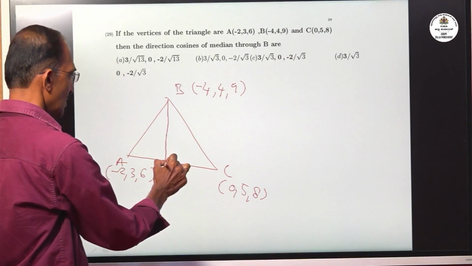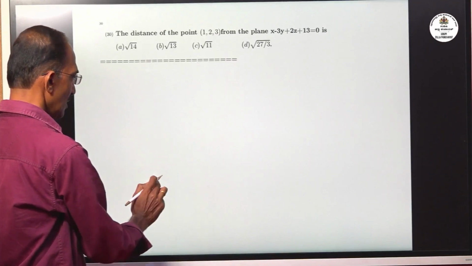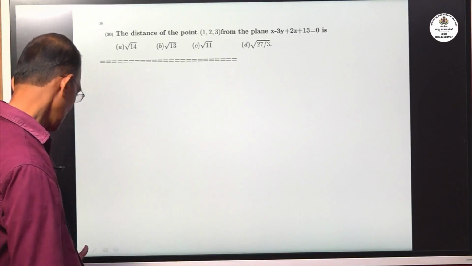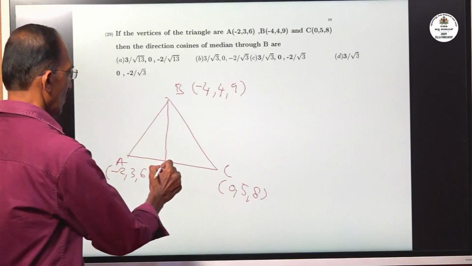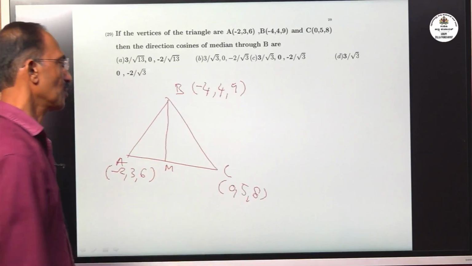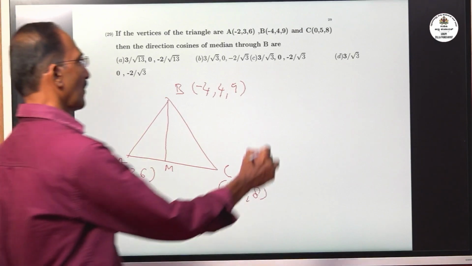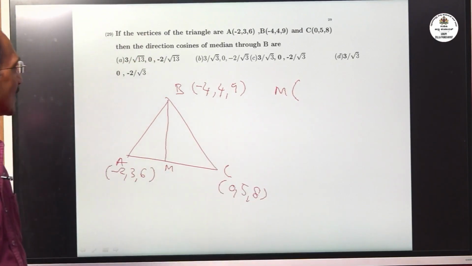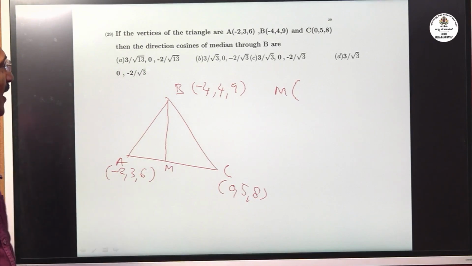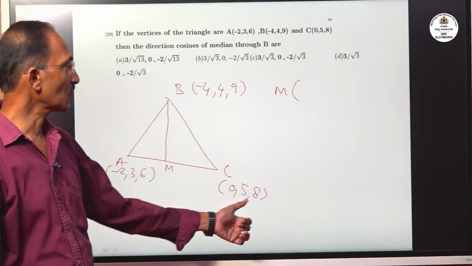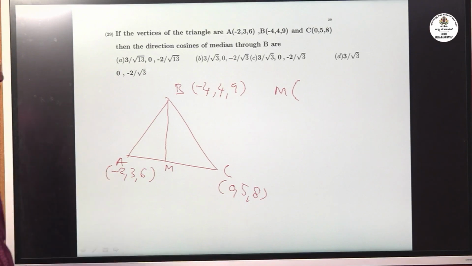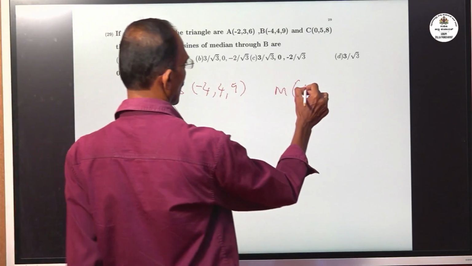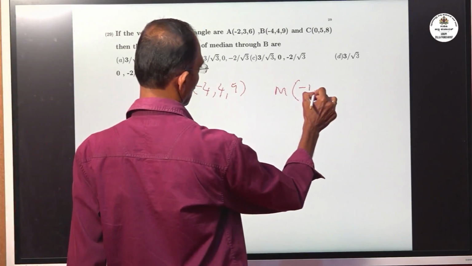So through B, this must be our midpoint M. What are the coordinates of point M? Point A is -2, 3, 6 and point C is 0, 5, 8. So -2 plus 0 by 2, that is -1.